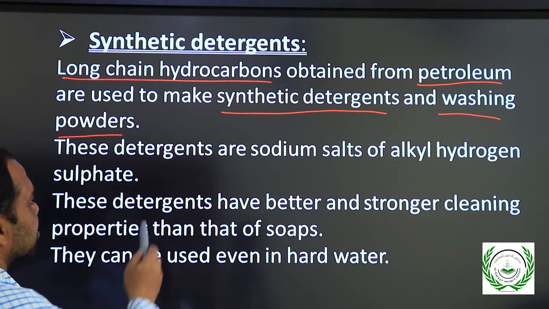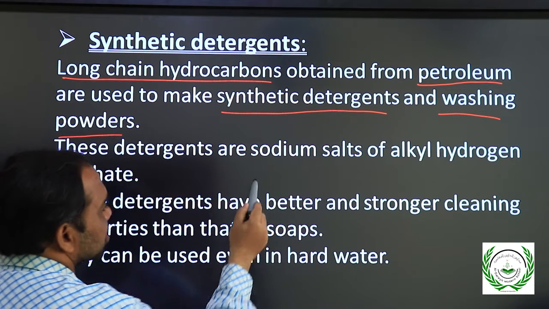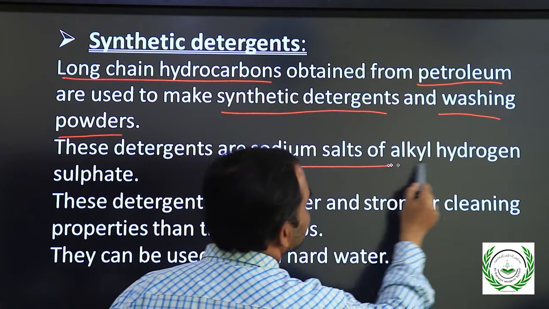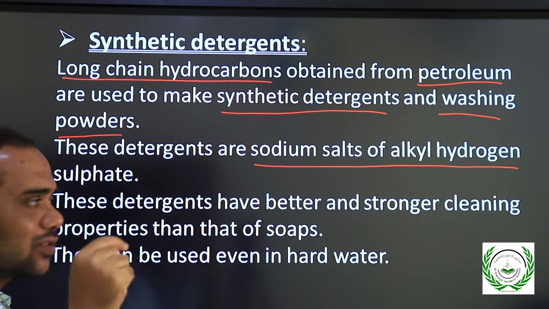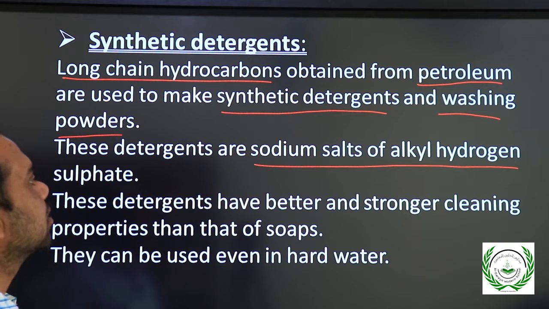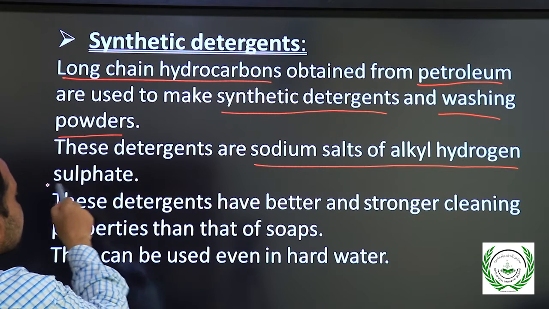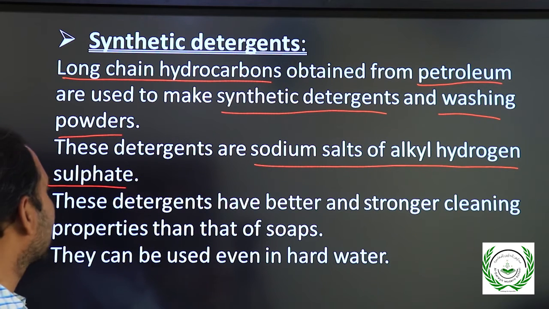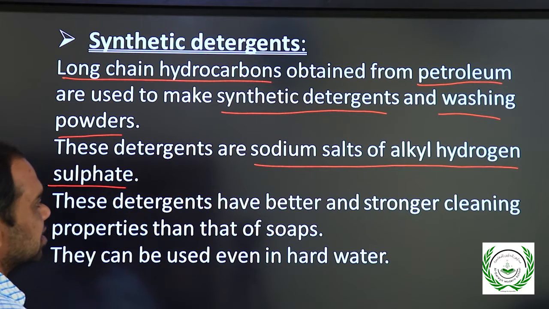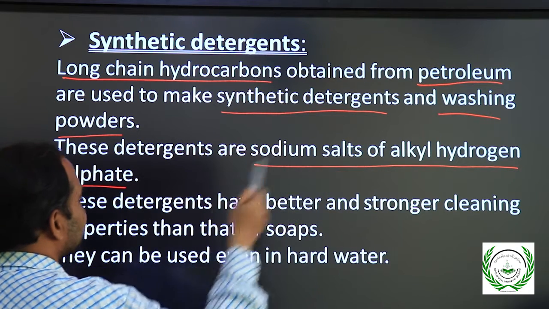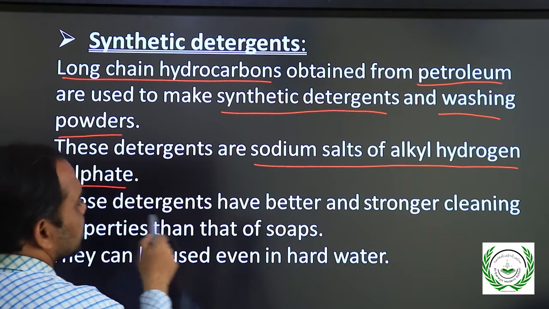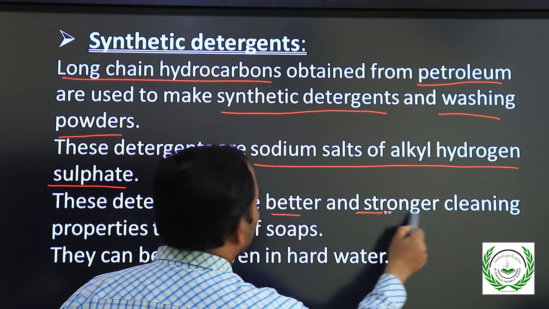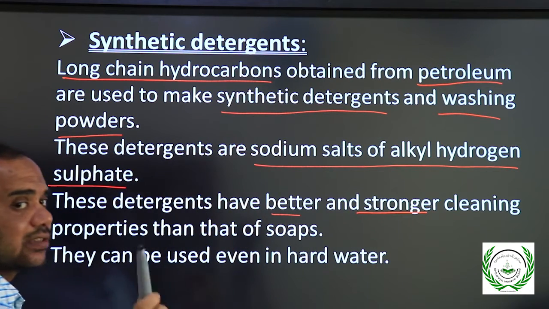These detergents, in composition, are the sodium salts of alkyl hydrogen sulfate. These are salts having sodium as one of the constituents of alkyl hydrogen sulfate. The detergents having these compounds have better and stronger cleaning properties than soap.